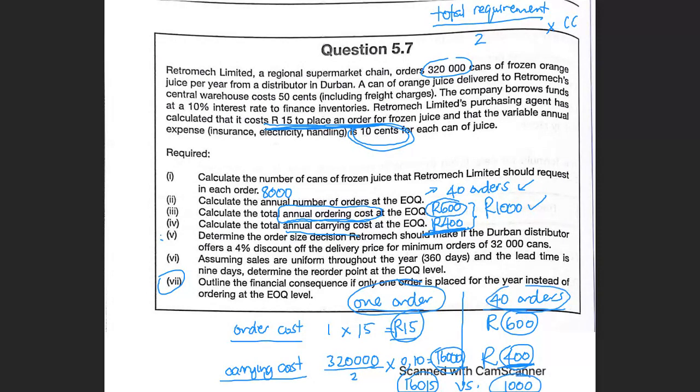So as you can see, the difference between the two, the 16,015 minus the 1,000 Rand tells us that we're actually saving 15,015 Rand by placing 40 orders during the year. Because when we place only one order, the cost of holding all that inventory is 40 times higher than if we had to place 40 orders during the year.